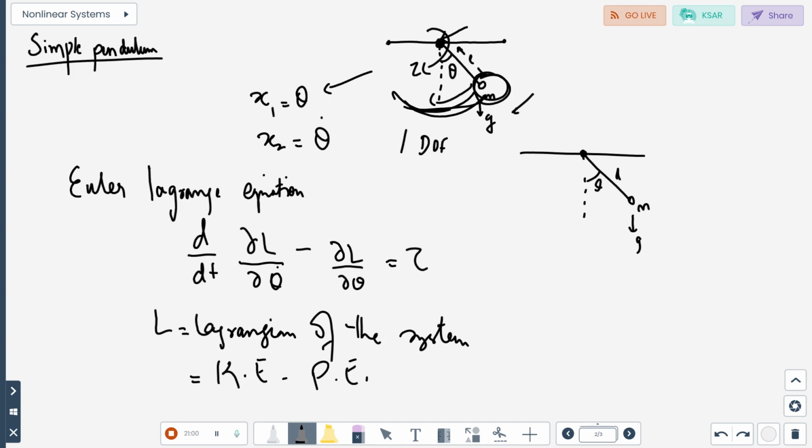This is our equation number 1. Fine, so we have to put L here, so that means we have to actually differentiate L with respect to theta dot and L with respect to theta, and then also differentiate this with respect to time, the first term.